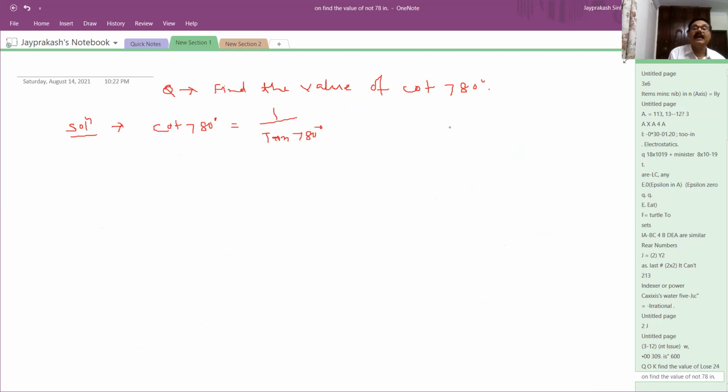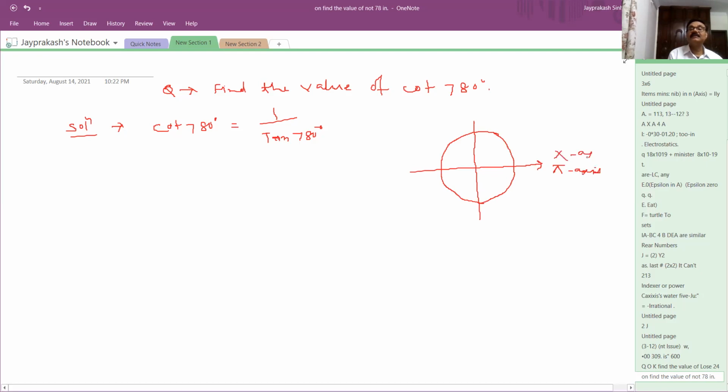Now this is our unit circle. This is your x axis or pi axis, and this is your y axis or pi by 2 axis.